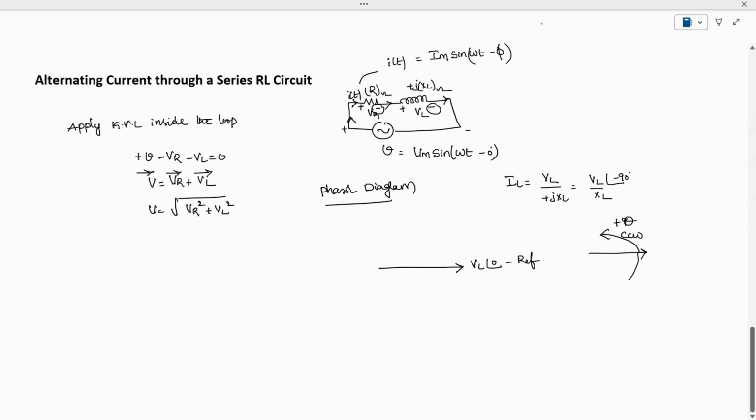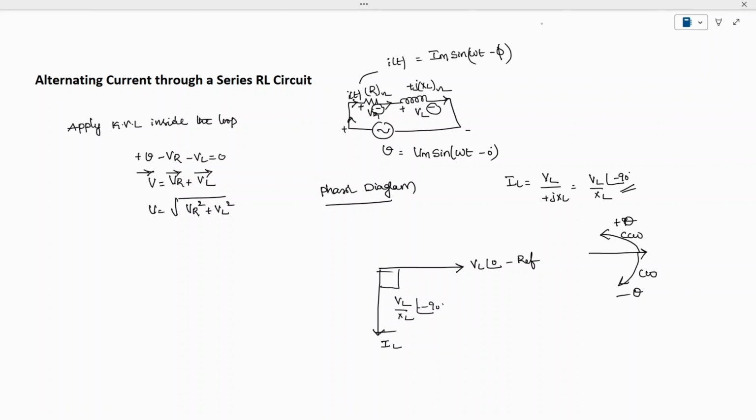Whenever it travels in clockwise direction, we should consider it as minus theta. This is the reference phasor notation. Okay, so here you are getting an angle of minus 90. Therefore you are going to get the current across the inductor, and the magnitude of this current is VL divided by XL with an angle of minus 90.